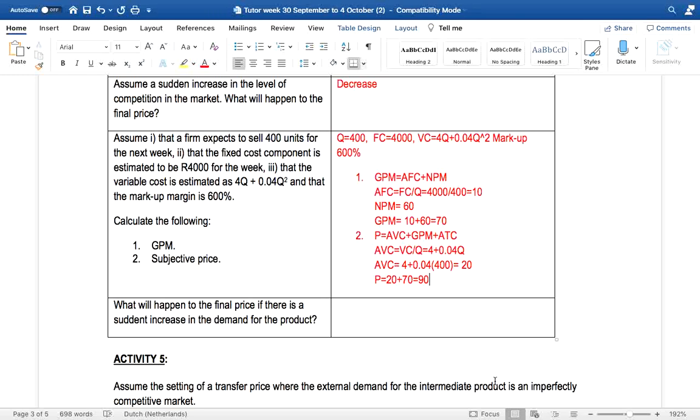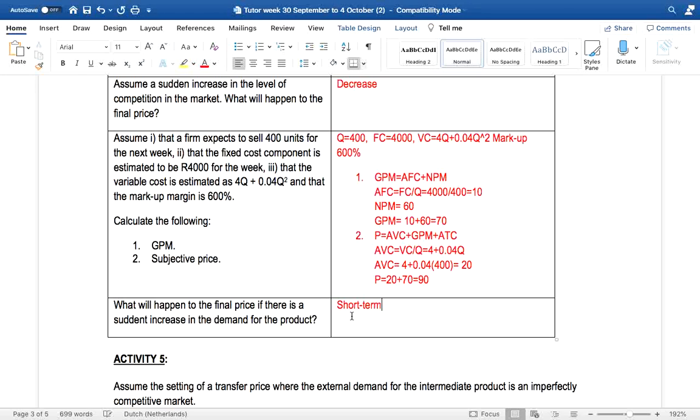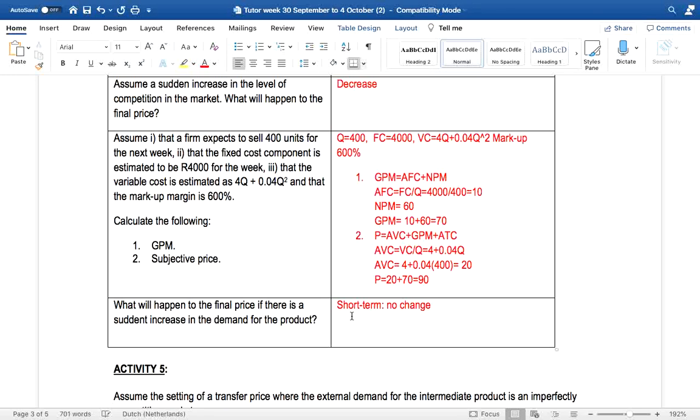So according to the theory, in the short run there will be no change, but then in the long run there will be an increase in price.